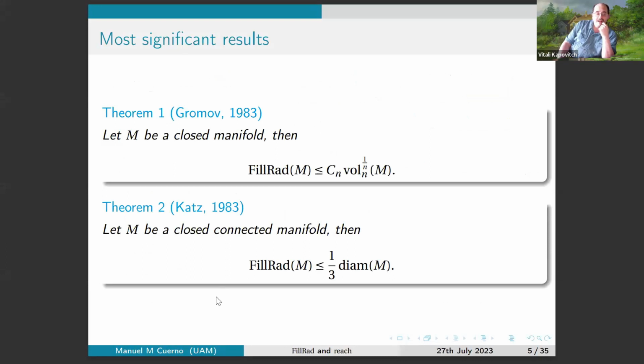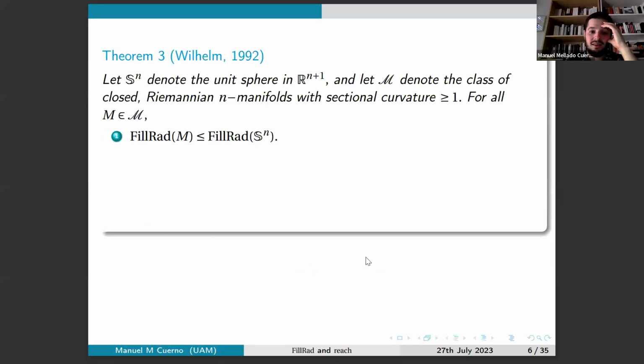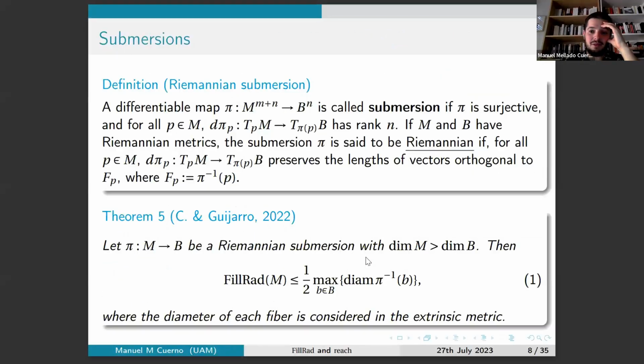It's 1/3 of the diameter, but in your results with Ghiara and others about Riemannian submersions, you had 1/2 instead of 1/3 of the diameter. I was wondering why you don't have 1/3. We weren't able to reach 1/3. But do you think it should be true? Yeah, but here it is the diameter of the manifold, and our result is the diameter of the fiber.